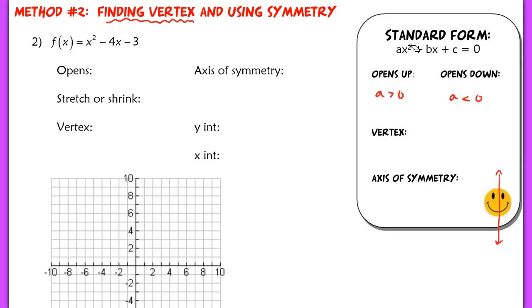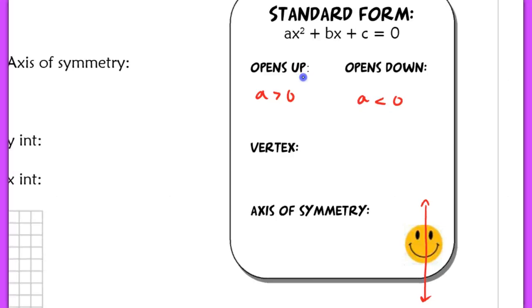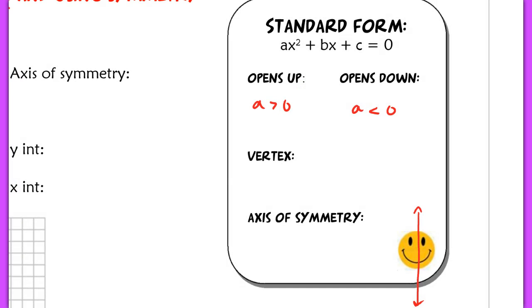Now the vertex, this is something new, so you're definitely going to want to write this down and pay close attention to this. When you want to find the vertex, the coordinate of the vertex is given by taking the opposite of b and dividing it by 2a. That's the x value for that coordinate for the vertex. And then to find the y value, you have to plug -b over 2a back into your function to find the y value.